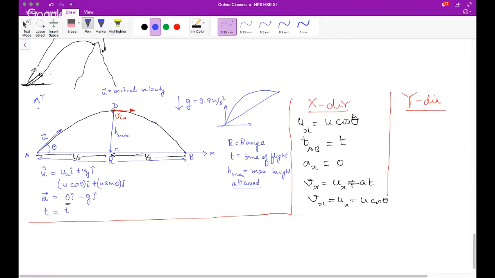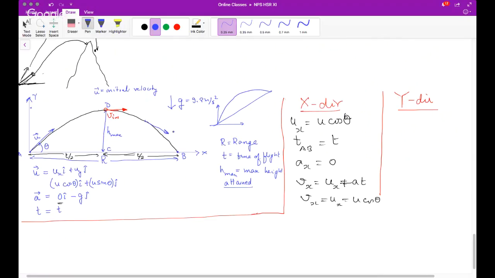For example, if at this point the body was moving like that, and you break it down into two components, this particular component is nothing but u cos theta. Anywhere you take, let's say if you take here also, and find the components, this is again u cos theta. So every time the x component will be u cos theta.